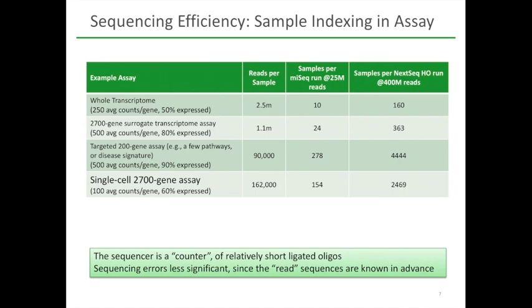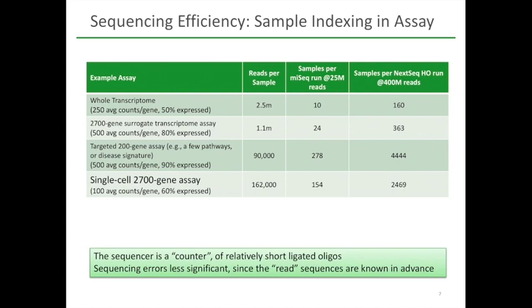This translates to the case, just some examples demonstrated in this table, where with the whole transcriptome, you're able to run tens to hundreds of samples on the low and medium output sequencers from Illumina. Moving to a HiSeq obviously allows you to run many more samples.